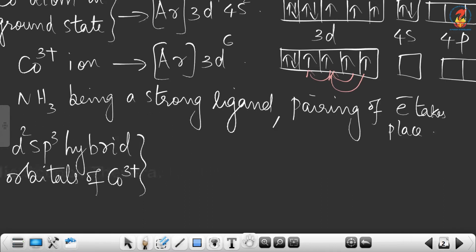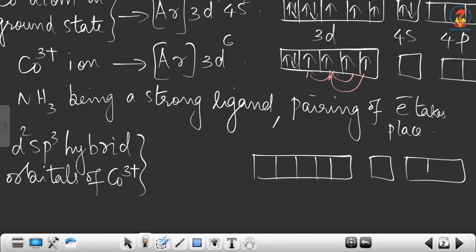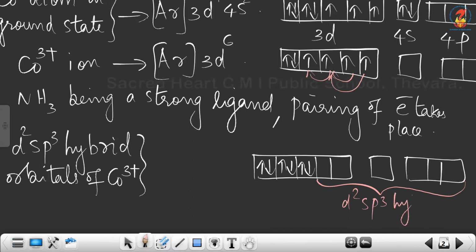So how will you show that orbital diagram? After this 1, 2, 3, 4, 5, 4s, 4p. Now 1, 2, 3, 4, 5, 6. Now which are the d2sp3 hybrid orbitals? These are the d2sp3 hybrid orbitals.